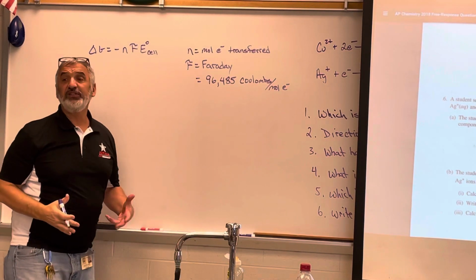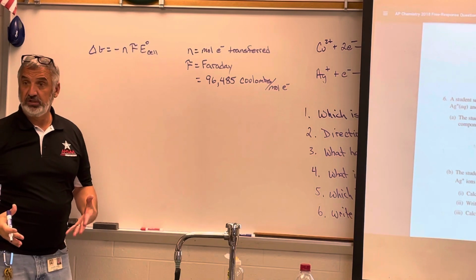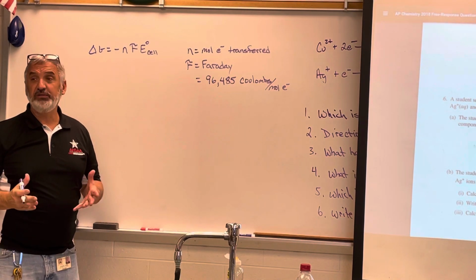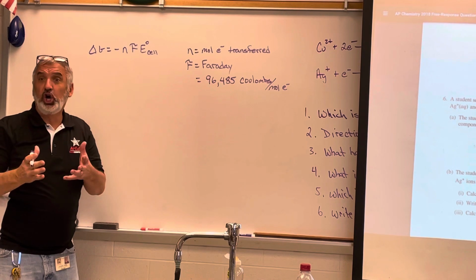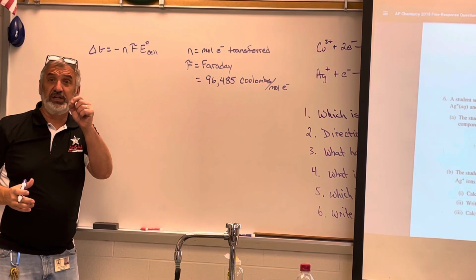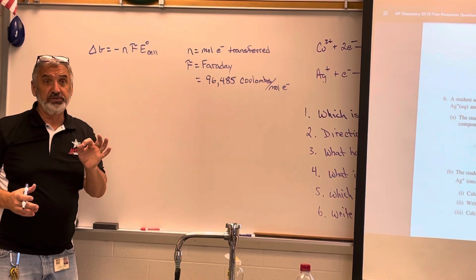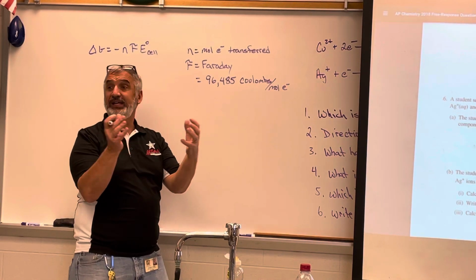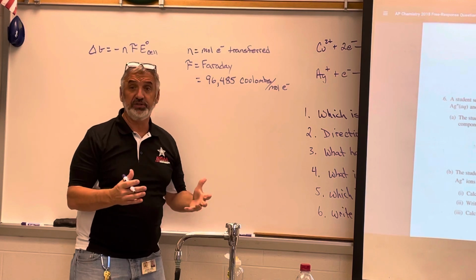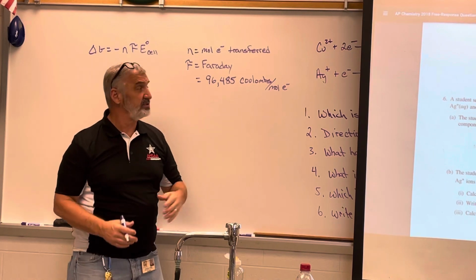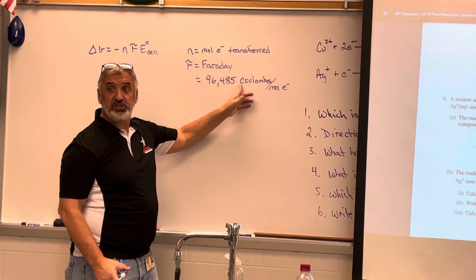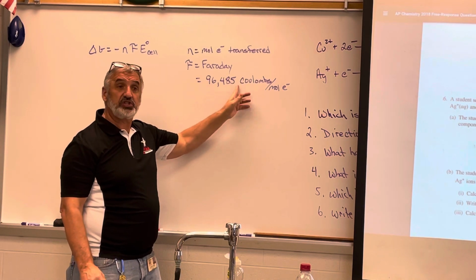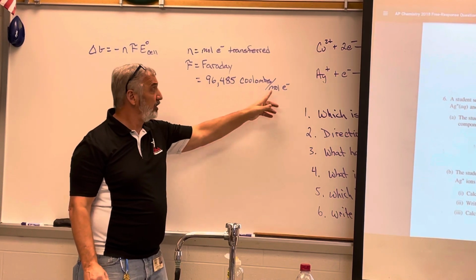Coulombs is a measure of electrical charge. That's what Robert Millikan was able to find, the actual charge on an individual electron, and it's measured in coulombs. When you add all of the charge together for 1 mole, 6.02 times 10 to the 23rd electrons, it's this much charge total.